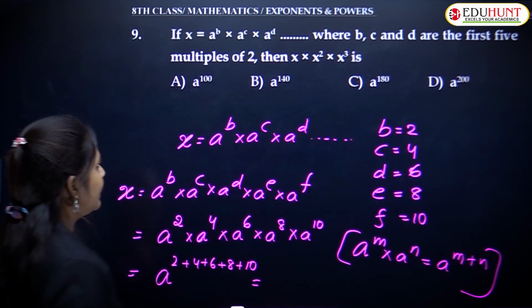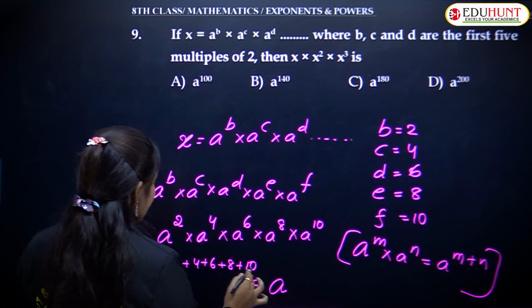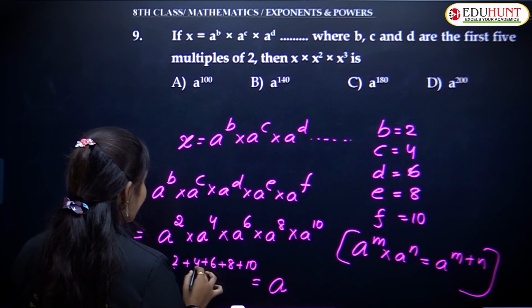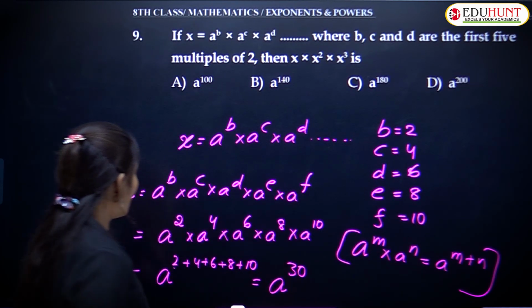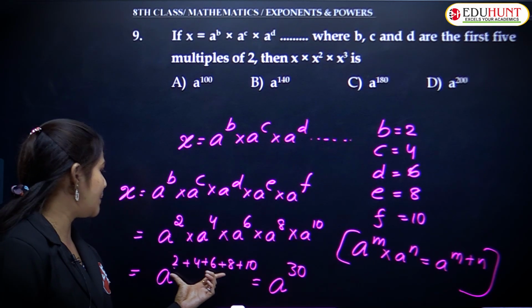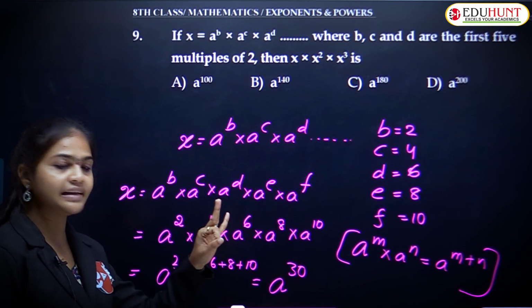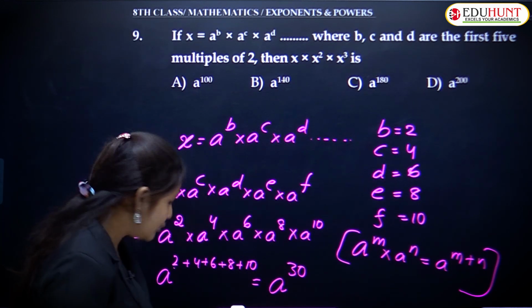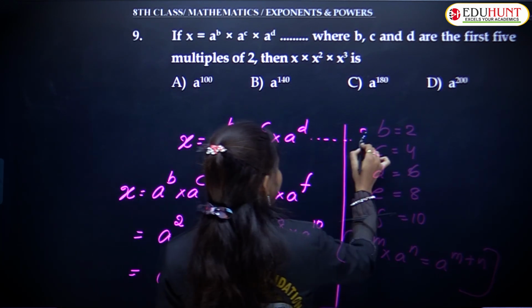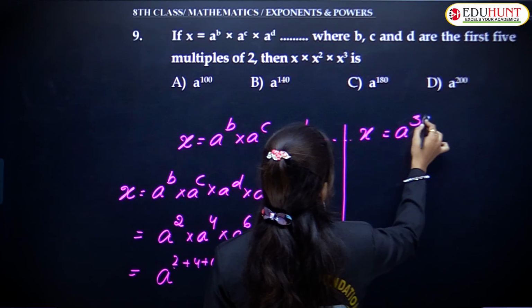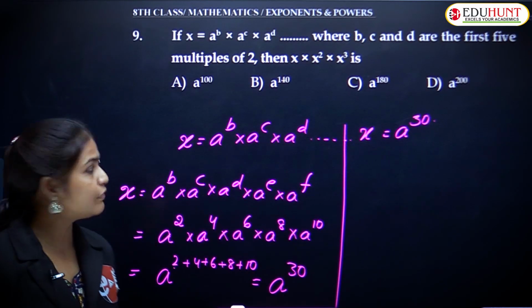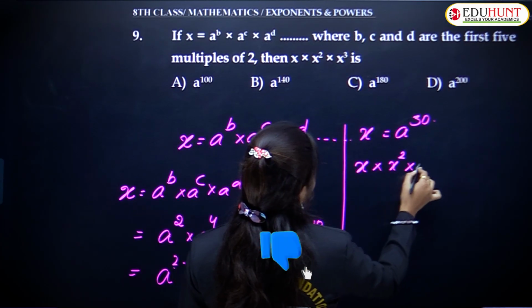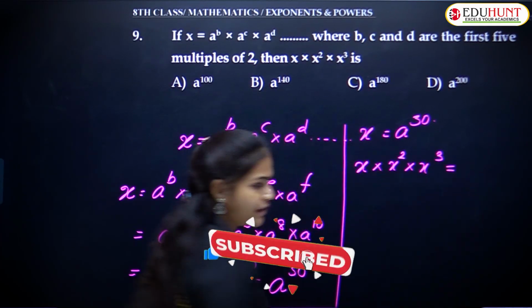So 10 plus 8 is 18, 18 plus 2 is 20, and here 30. So a power 30. Or else 6 plus 4 is 10, 8 plus 2 is 10, and here 10, so totally 3 tens, so 30. So from this, the x value is a power 30. x is equal to a power 30. Okay, now which value do we need to find out? x into x square into x cube, that value we need to find out.